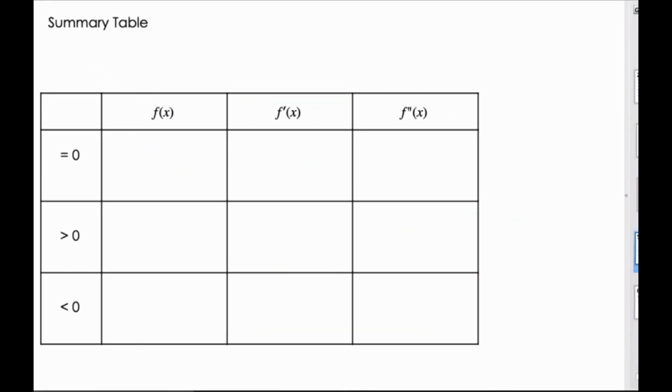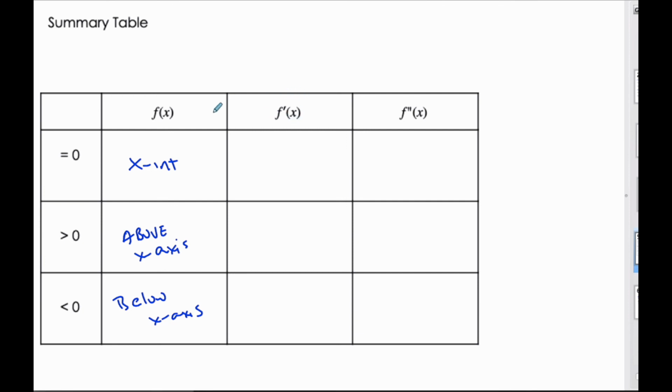So in a summary table here, if I consider the original function, this is before we did any calculus, when it equals 0, I got the x-intercept. When f of x was bigger than 0, that means I was above the x-axis. And when it was less than 0, the graph was below the x-axis.